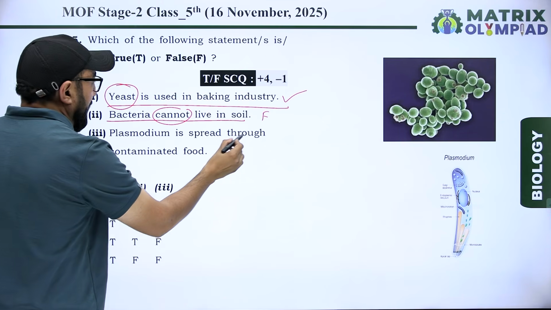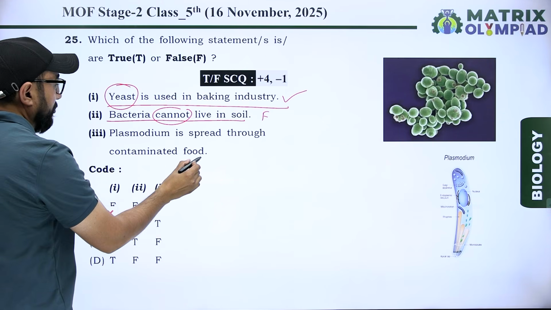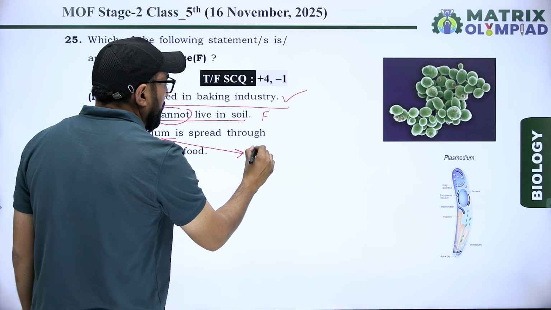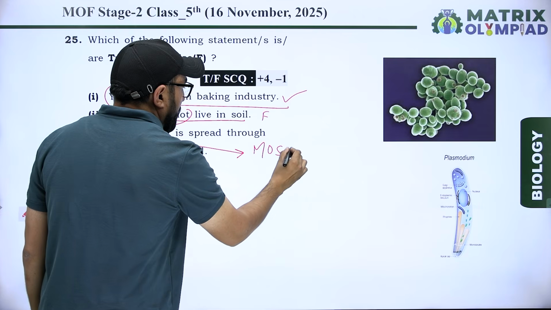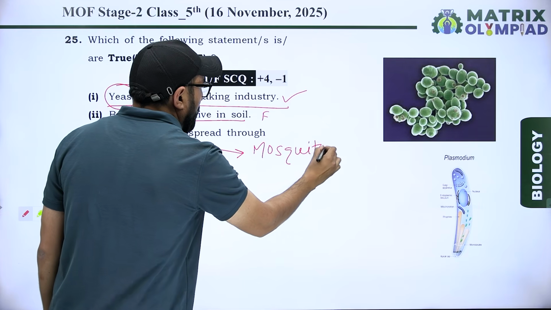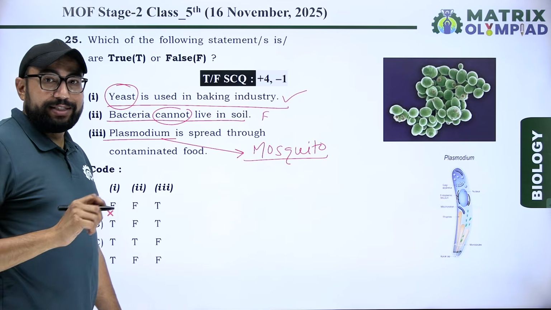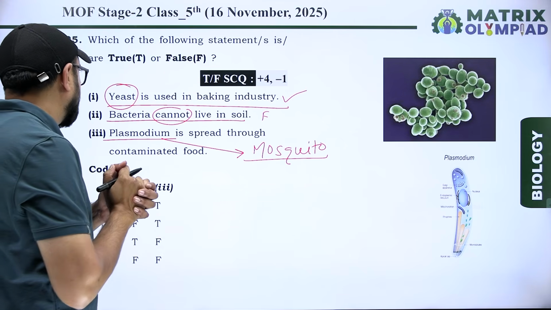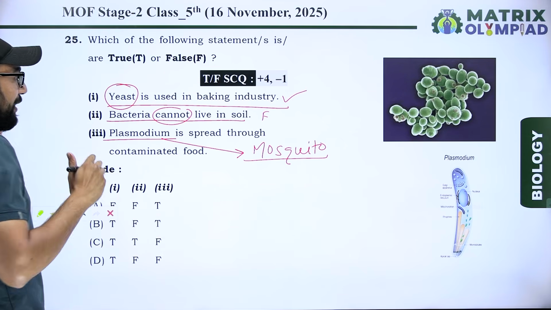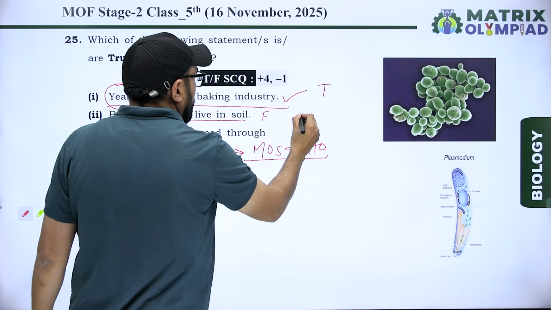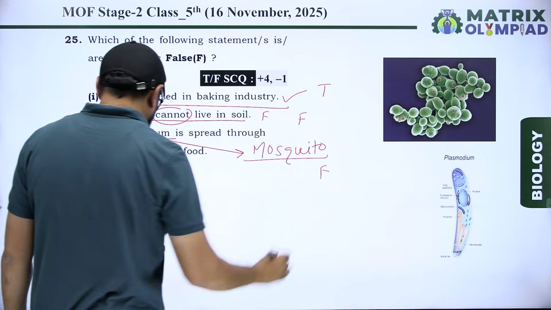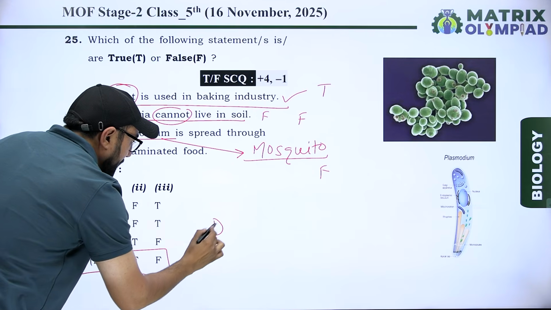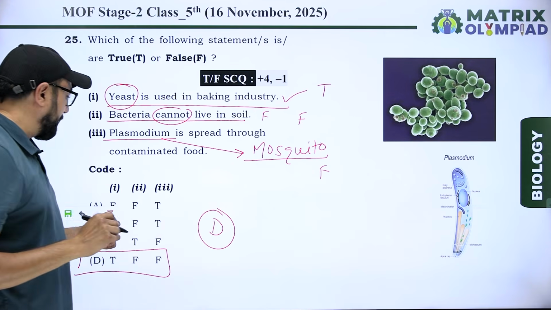Plasmodium is spread through contaminated food, but plasmodium spreads through mosquito. Female Anopheles mosquito spreads the plasmodium. So our right answer is true, false, false in option D. Option D is right for this question.